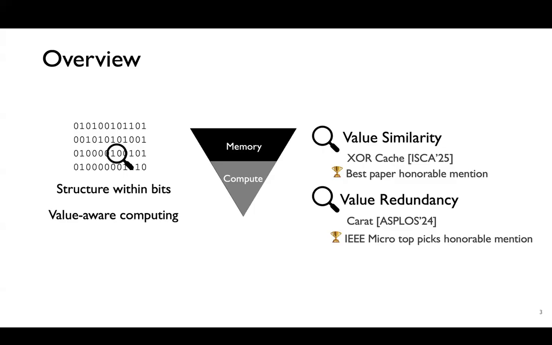So this will transform the traditional arithmetic into a value subscription and delivery paradigm. And that is Carrot, published at ASPLOS and recognized at the IEEE Micro Top Picks honorable mention. So together, I hope by these two works, I will convince you that the data semantics can be a new axis for architecture optimization. We can build leaner and greener architectures by looking more closely at the data.